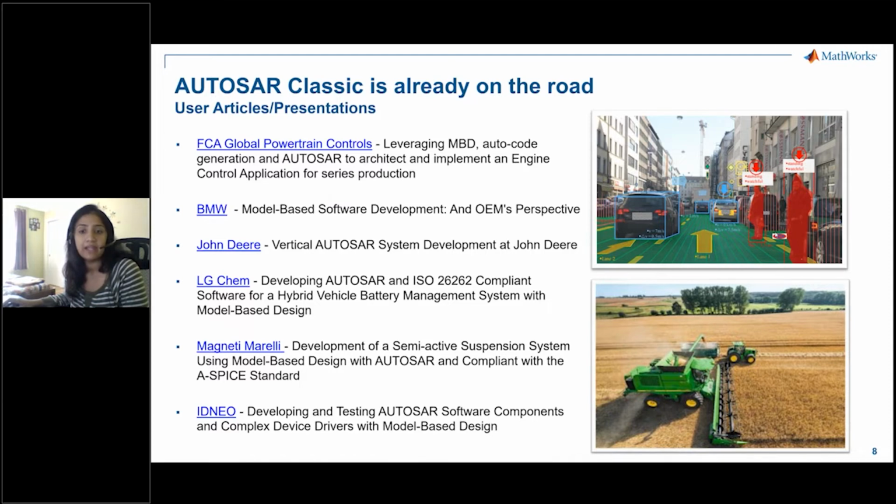Then LG Chem and Magneti Marelli have discussed developing AUTOSAR software in the context of compliance with ISO 26262 and ASPICE. Then finally, Idneo, a Spain-based company, provides a different perspective of using MathWorks AUTOSAR toolchain for development of complex device drivers. They have reported 70% faster development time and discovered 80% of errors in the design phase instead of in hardware testing. And this is all about classic user stories.